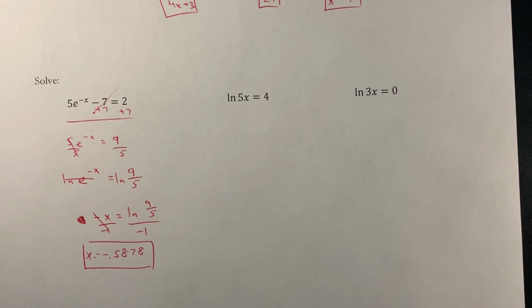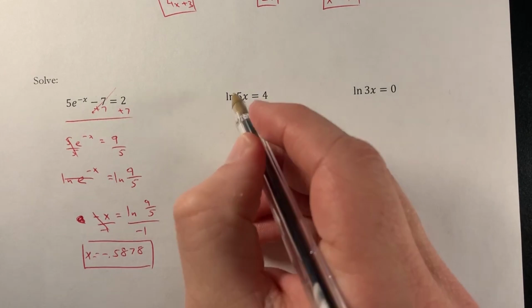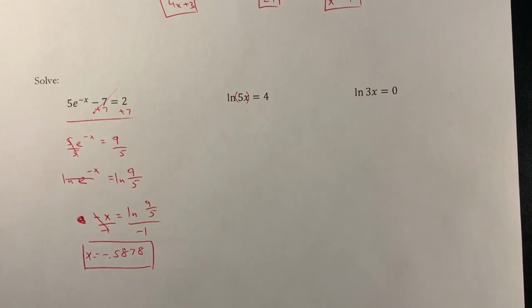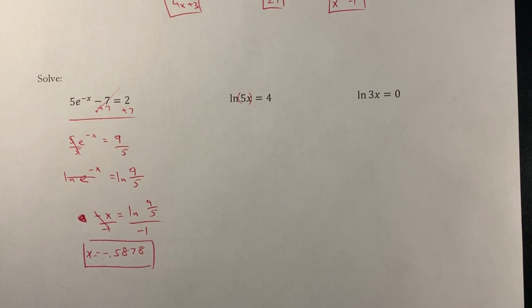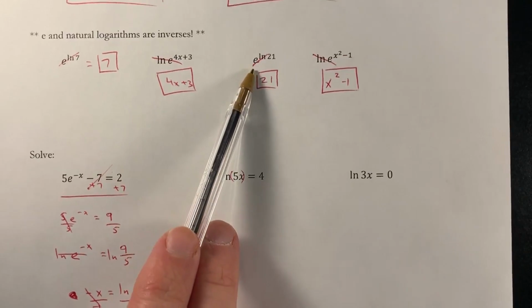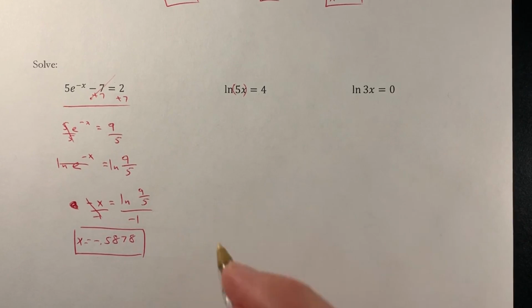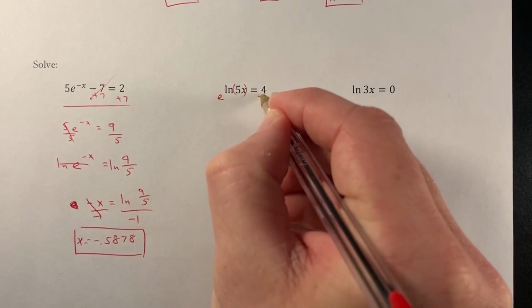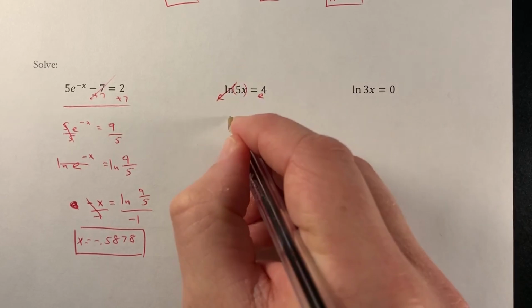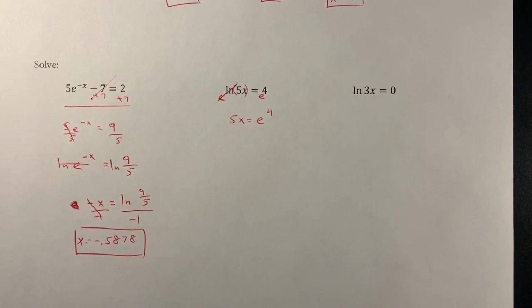Okay, my next problem is natural log 5x equals 4. So that 5x is the argument, so I really don't have anything outside of the natural logarithm. So I'm going to do a base e on both sides, so it's going to look like this one up here. I'm going to do a base e on both sides, and that will cancel out the natural log. So base e, left side and right side, I get 5x equals e to the 4th power.